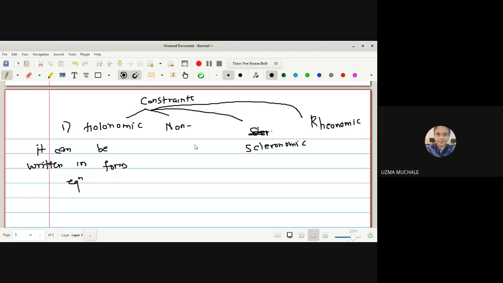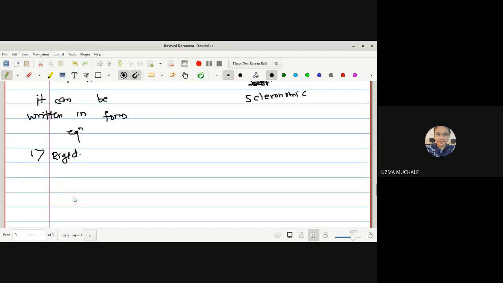Now, what are the examples of a holonomic constraint? Again, you can consider the motion of a rigid body. The motion of a rigid body is such that the distance between any two points is fixed. So we can have this relation: (xi minus xj) square plus (yi minus yj) square plus (zi minus zj) square is equal to cj square.